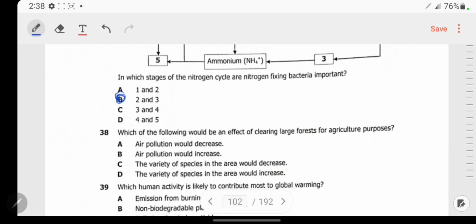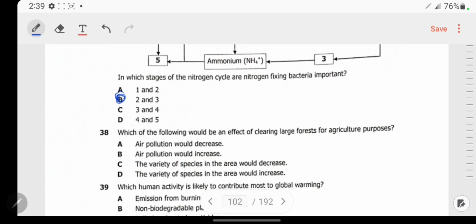38. Which of the following would be an effect of clearing large forests for agricultural purposes? If you clear a large area, firstly we can talk about desertification.